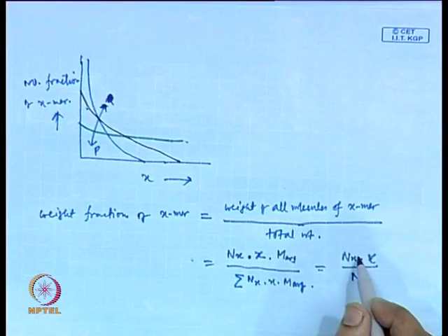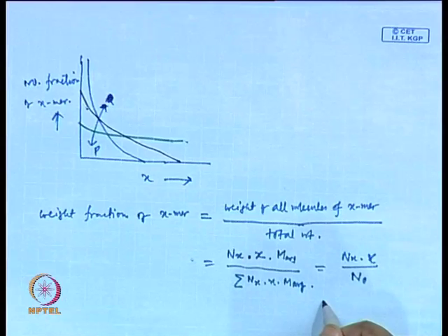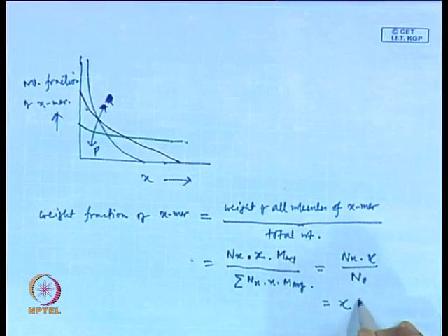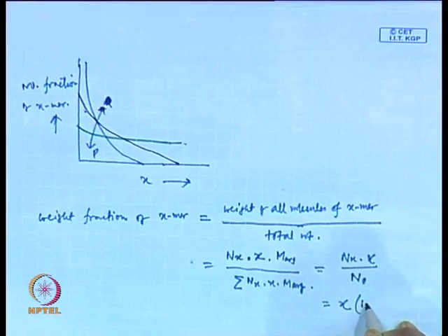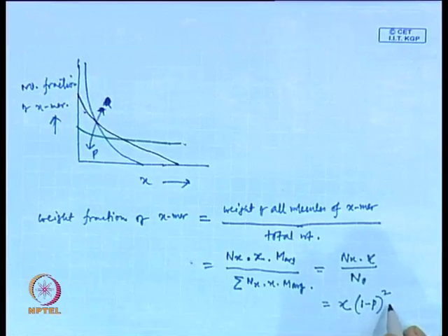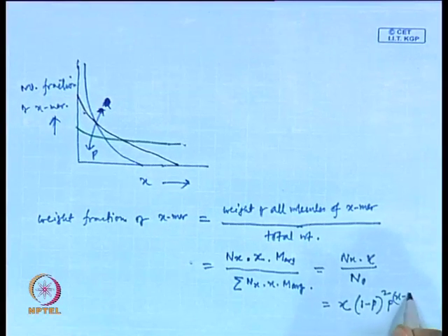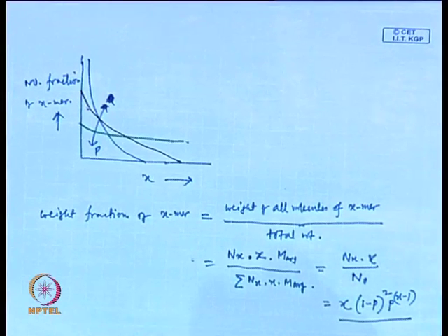Nx by N0 we have seen earlier, we can put that value and we get this expression. So, that is your weight fraction, whereas the number fraction was given by this, with N0 here.